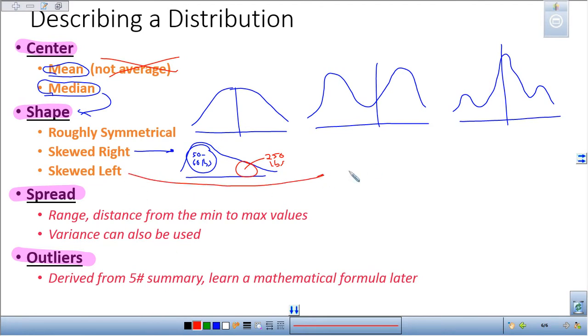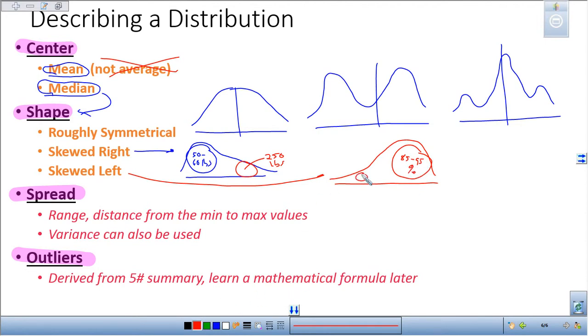Skewed left, pretty much the other way. That's where you have data that's mostly pooled to the upper end, and you have one value down here. Let's say you gave a test that students did very well on, and let's say these scores were all between like 85 to 95%. And the kids did great on this test.